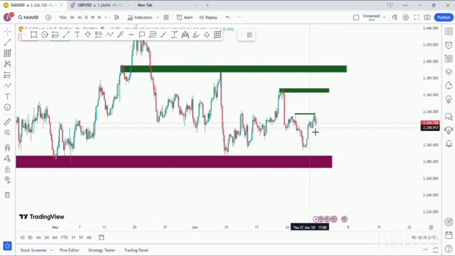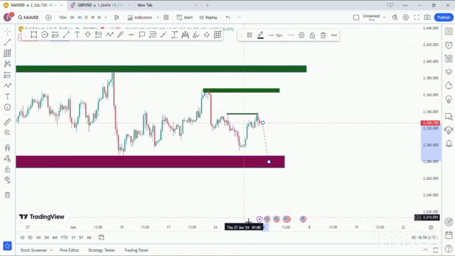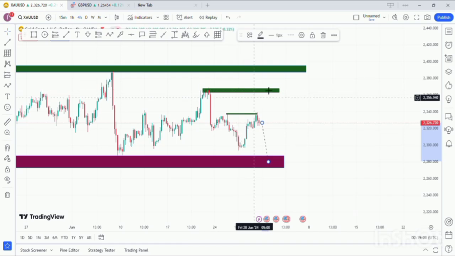So for next week on XAUUSD, we'll be expecting price, since it came back to respect this resistance zone, this high right here, to move downward to respect this support zone right here. But on the flip side, if price decides to reverse from where it is, that's to break out of this very high right here, we'll be expecting price to move upward to respect this resistance zone here, or possibly the next resistance zone just above.